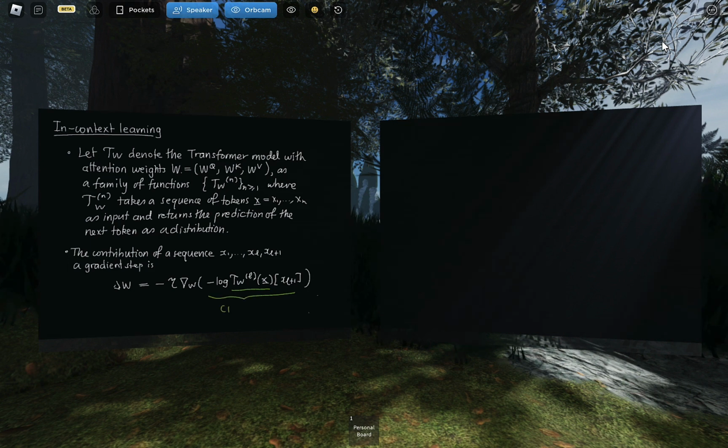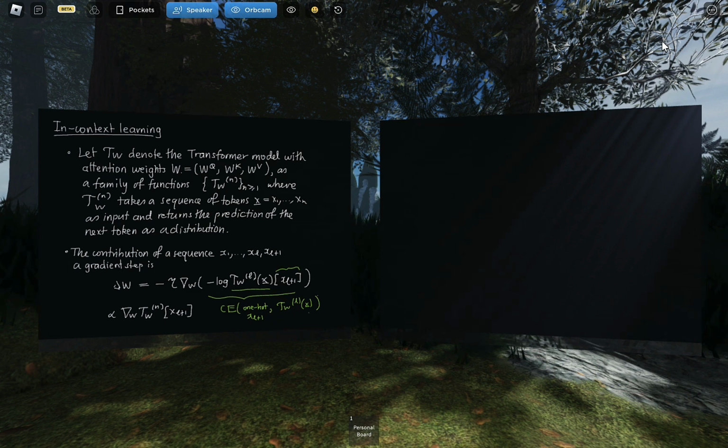This is the cross entropy of the one-hot vector with a 1 in position x_{L+1}, which is the true next token, with the output of the transformer. And that's just the negative logarithm of the value of the distribution in position x_{L+1}. So that's, at least in direction, just the gradient of this entry. We're not going to do much with that, but yeah, that's that.